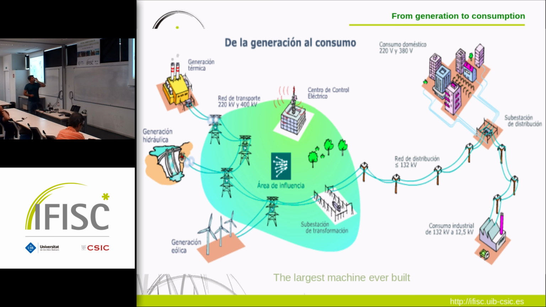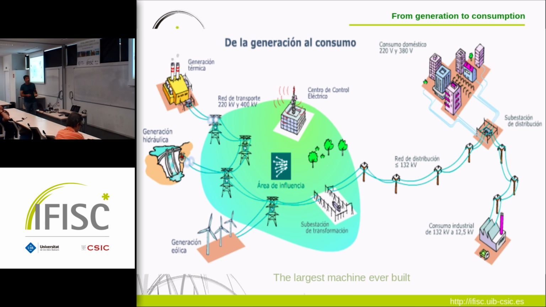Well, this is a cartoon of what this is. So these are the big power plants, coal or whatever, hydroelectric. And then this is a wind farm. Then this is the transmission, so the high voltage power lines. Here in Spain, and I think in every country, this belongs to a single company, which typically is publicly controlled, or at least has public participation.